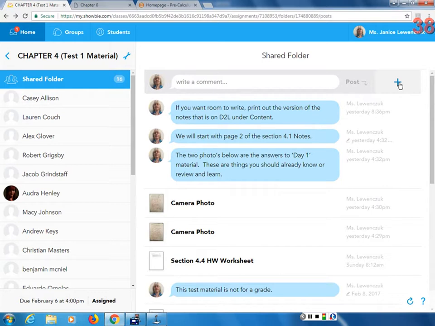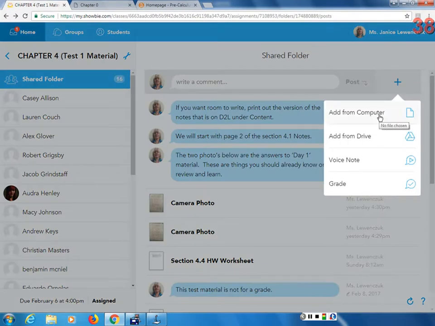So I do want you to either print out your work and do it and then take a picture of it and put it in Shobi, or write on it in Shobi, or you can write on separate paper neatly and not even print it out if you want. So how do you do that? Well, you hit this plus sign in Shobi and it lets you add a file from a computer. Please change your file to a PDF, or the pictures work. The pictures allow me to write on. And then I can write directly on your worksheet or your work and check off what's right. So you can add from computer.